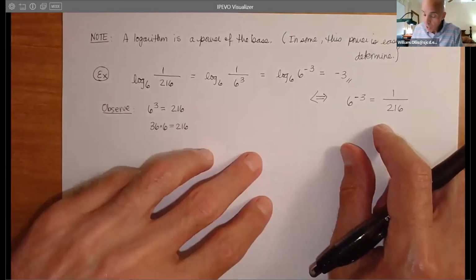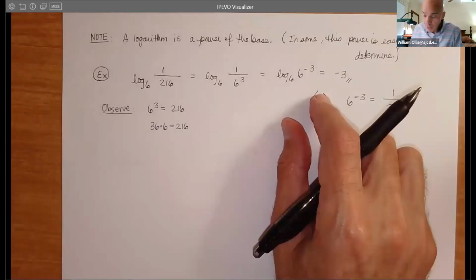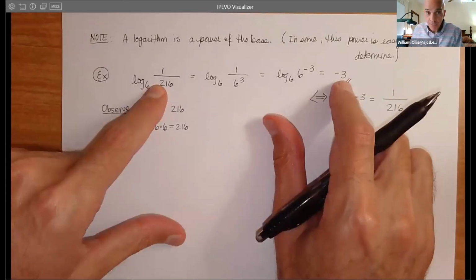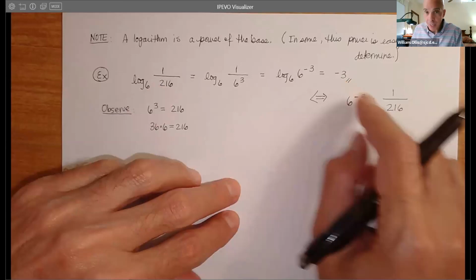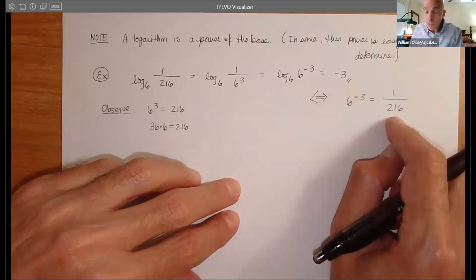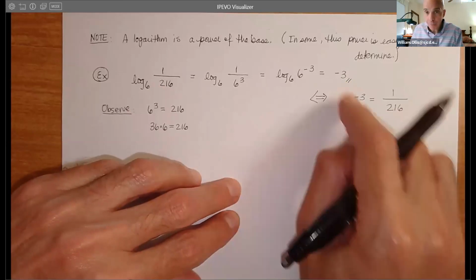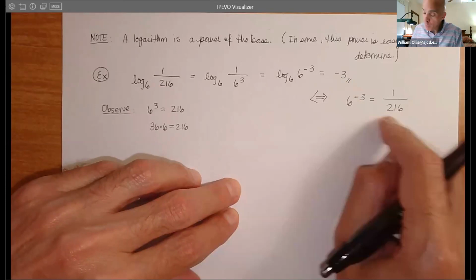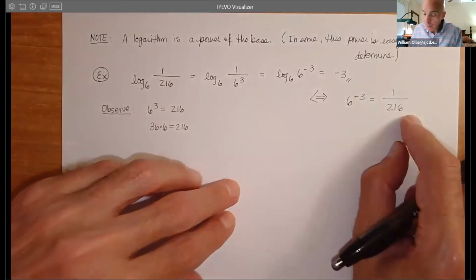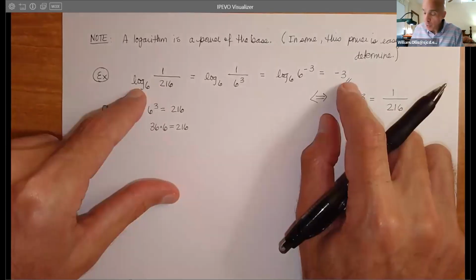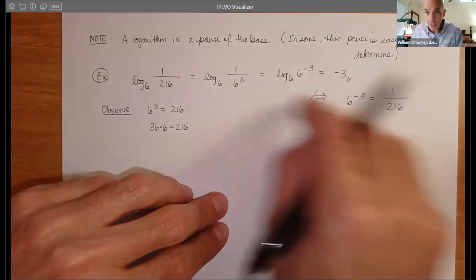So basically, we just did this, and then we say the same thing again. We call this the logarithmic form, and we call this the exponential form. What's the logarithm? Power of the base. What power of 6 equals 1 over 216? Negative 3. We may find this form to be convenient, or we may find this form to be convenient, but they're equivalent. So one says the other.